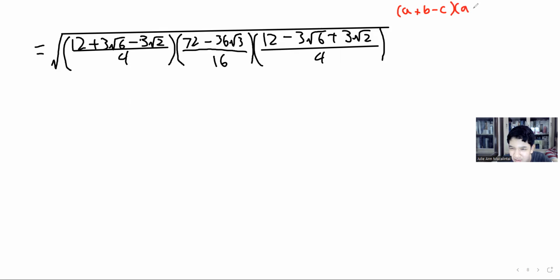And this is equal to a squared minus b squared plus 2bc minus c squared. Okay.